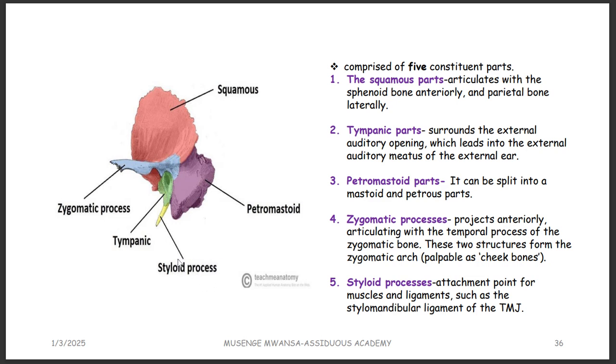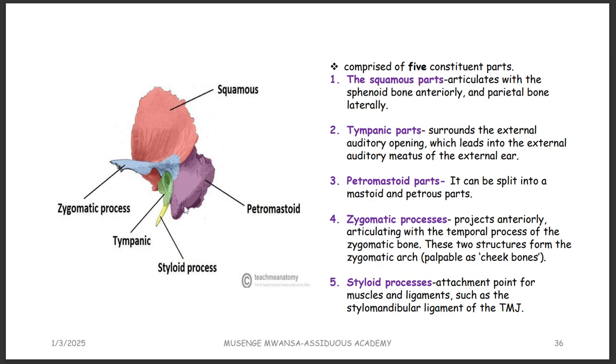Okay. And then we have got this big part here. We call it the petromastoid. Now this thing has got two names in it. You have got the petrous part. The petrous means hard. So the petrous part is actually going to be seen inside, like on the inner aspect, while the mastoid part is going to be on the outer aspect.